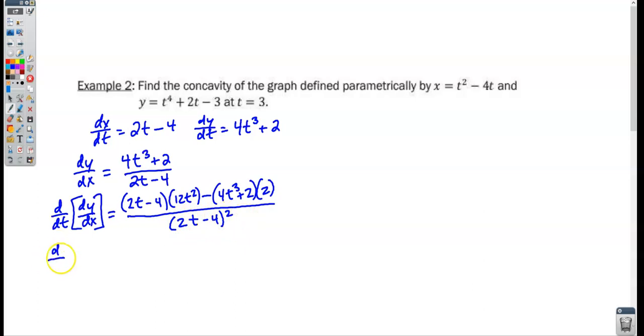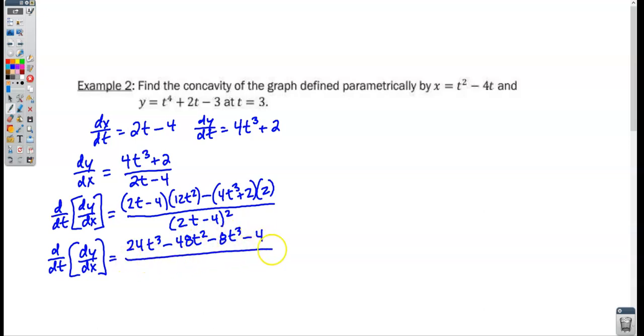And then I'm going to go ahead and simplify this. Let's see, that's equal to 24t cubed minus 48t squared minus 8t cubed minus 4, and combining our like terms, did I multiply all that out correctly?